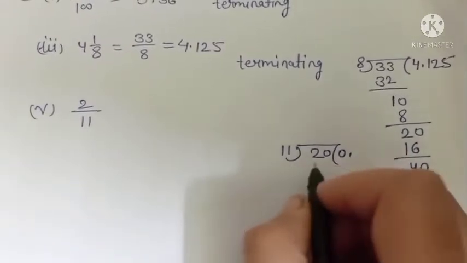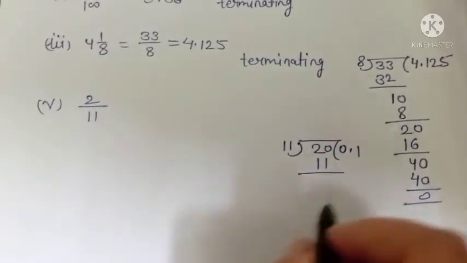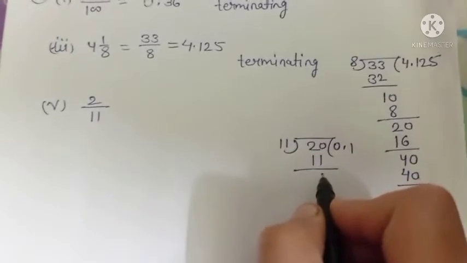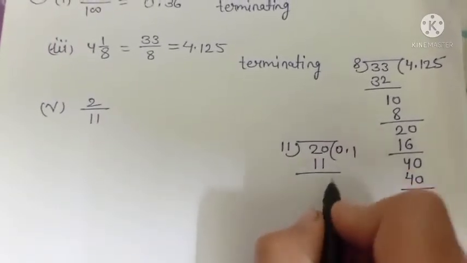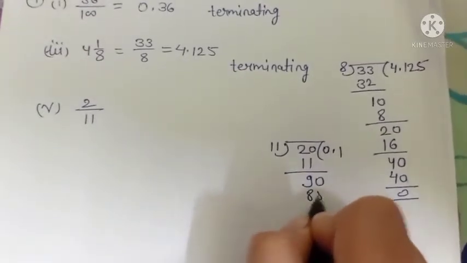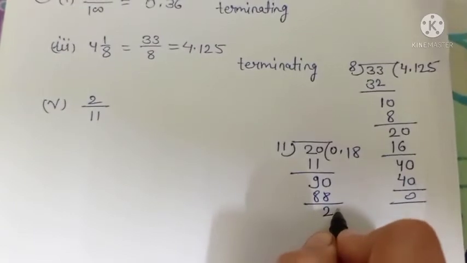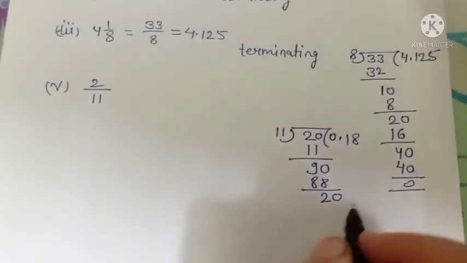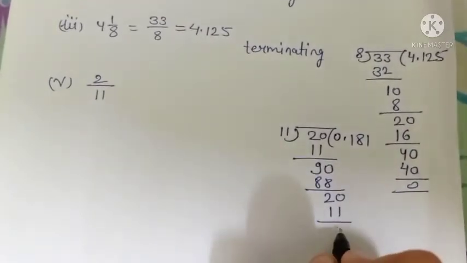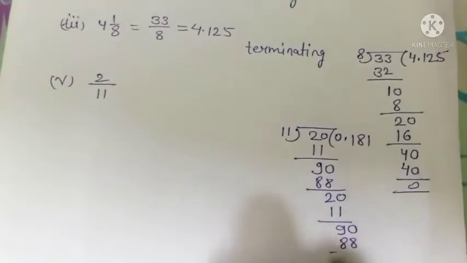Now 20 is divided by 11 one time, then subtracting from 20, we get 9, it becomes 90, then 8 times, we get 2, and take 0, it becomes 20, 1 time.